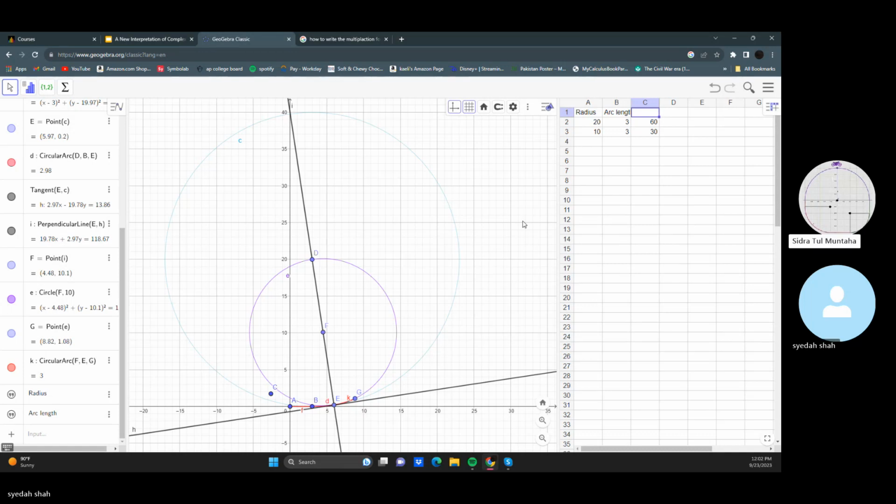So actually, the first line segment was also an arc length, right? If you are going to draw a circle so big that on the 3 centimeter line segment it would have an arc length as a line segment, because that circle is quite big.